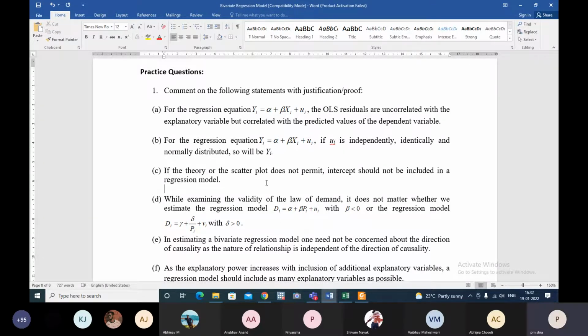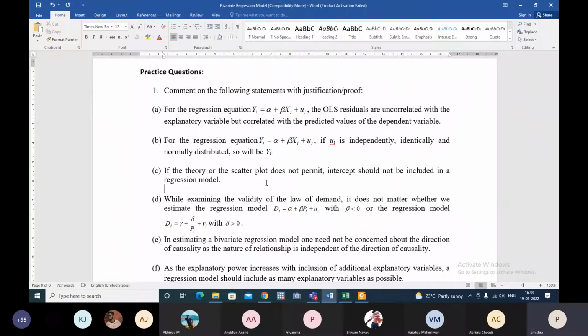So we are trying to see the presence or absence of the intercept statistically, not mathematically. Because if we drop it, then there would be some other issues arising, as we have discussed in the class.